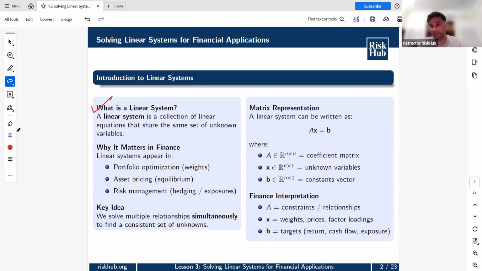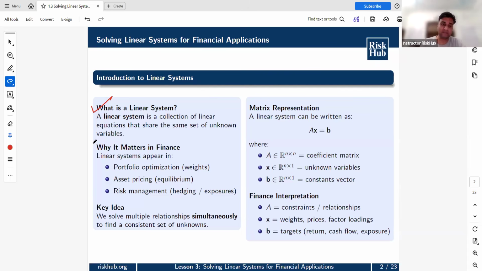The word simultaneously is extremely important because finance is never one-dimensional. A portfolio manager simultaneously cares about return, volatility, liquidity, factor exposure, duration, convexity, capital constraints, leverage limits. So quant finance naturally tries to solve many relationships together. This is exactly what linear systems do.